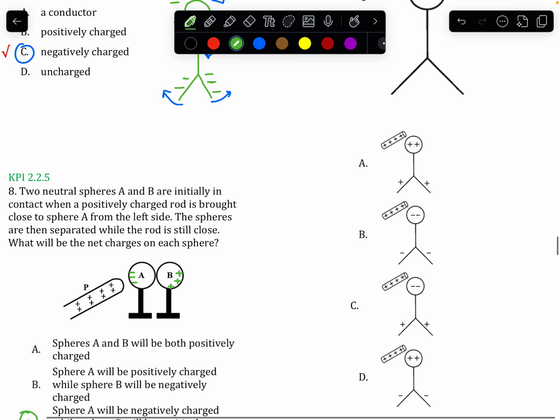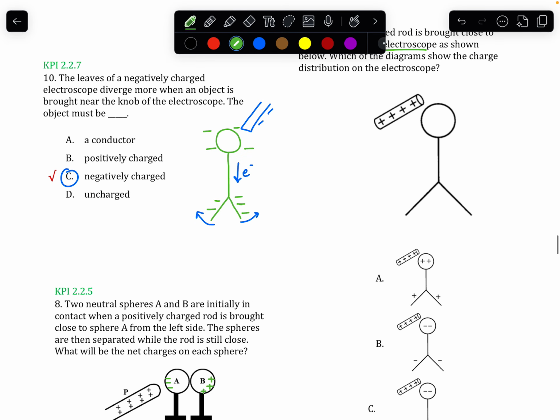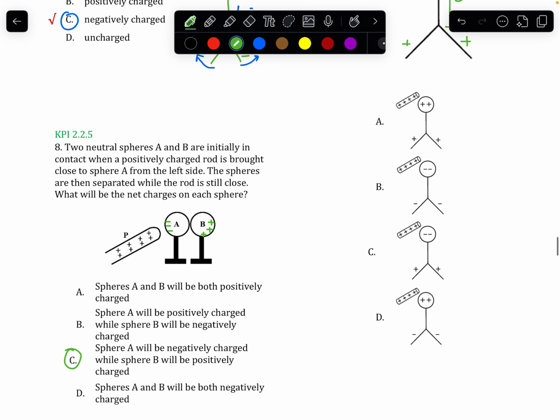When it is a neutral electroscope, this means that electrons will be attracted by the positive rod, meaning that the knob will be negative and the leaves will be, by polarization, positive.